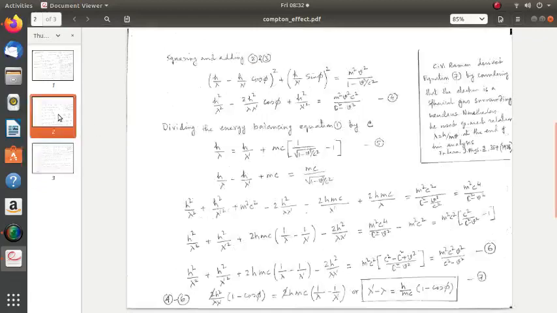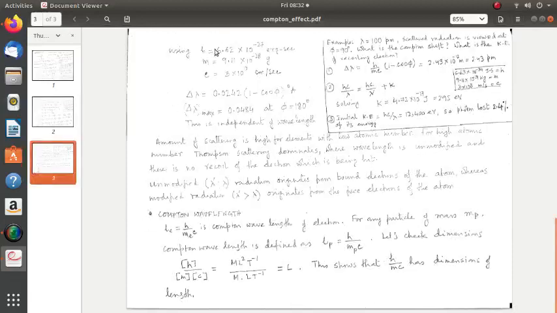Okay, so now let us calculate this shift in wavelength. We know h is 6.6 times 10 to the power minus 27 erg seconds, m is 9.11 times 10 to the power minus 28 grams, and c is 3 times 10 to the power 10 centimeter per second. Then delta lambda becomes 0.0242 Angstrom, multiplied by 1 minus cos phi.